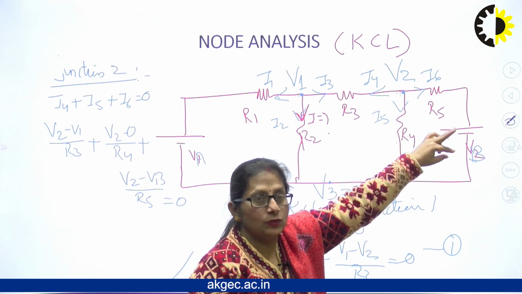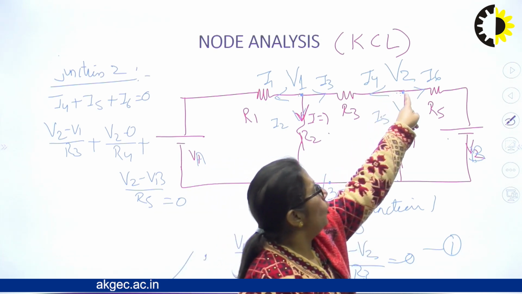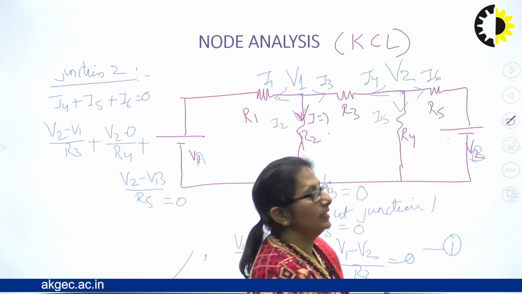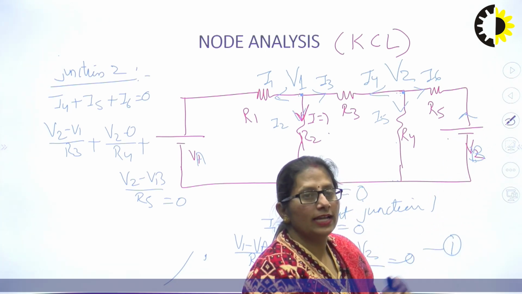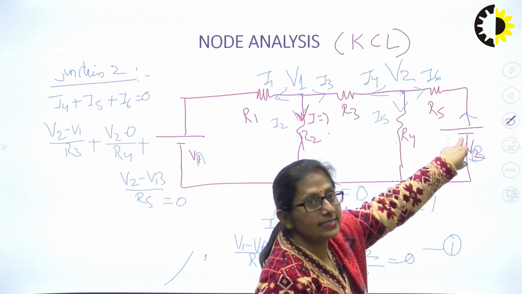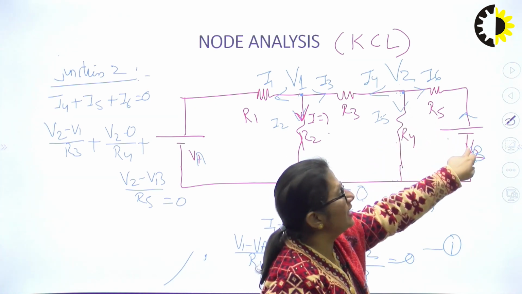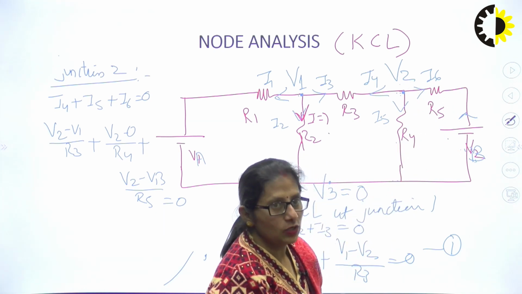If the polarity of this voltage source is reversed, we are considering the current to be downward, but this battery is supposed to send the current in the upward direction. So that's why we are taking the difference. If the potential were reversed, I would have written V2 plus VB upon the resistance R5, which is not the case.